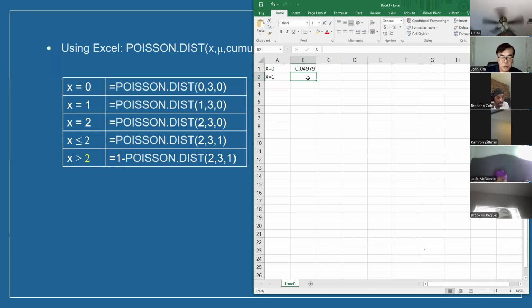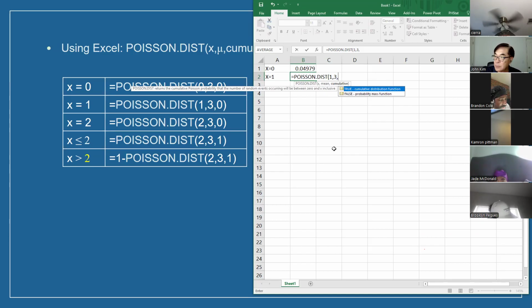Okay, if it is X equals 1, the same using Poisson distribution. X equals 1, 3, and 0.